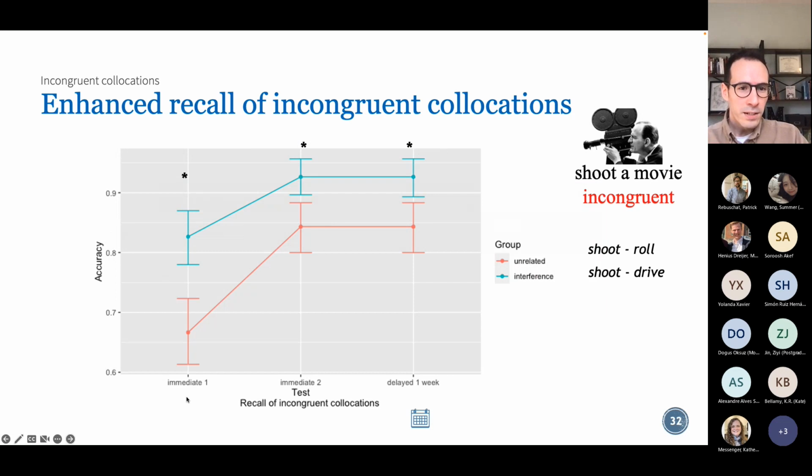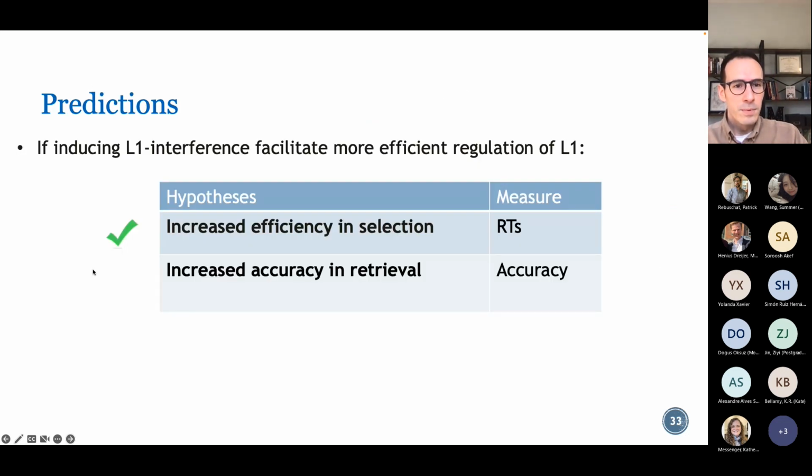And what we see here is that after the first training session, after the training was completed, and even 1 week later, it is the group that had the L1 related distractors that is consistently and significantly outperforming the other group. So this also supported that second hypothesis.